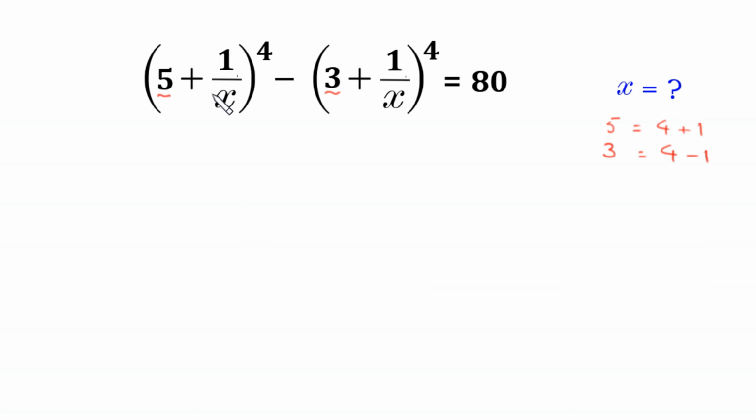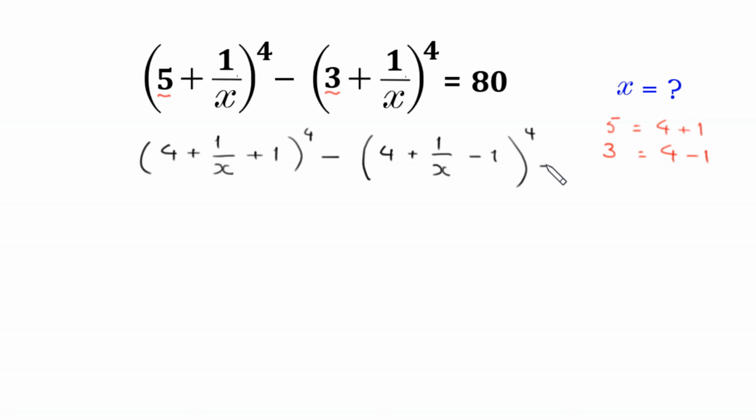So we write this (5 plus 1 over x) whole to the power 4 as (4 plus 1 over x plus 1) whole to the power 4 minus, and we write this (3 plus 1 over x) whole to the power 4 as (4 plus 1 over x minus 1) whole to the power 4 is equal to 80.